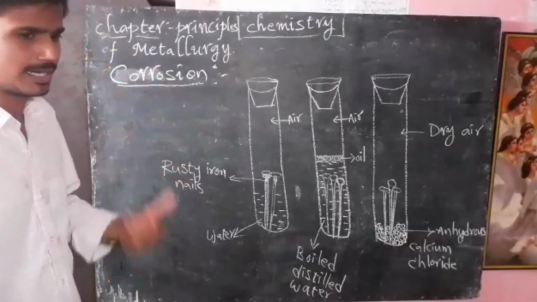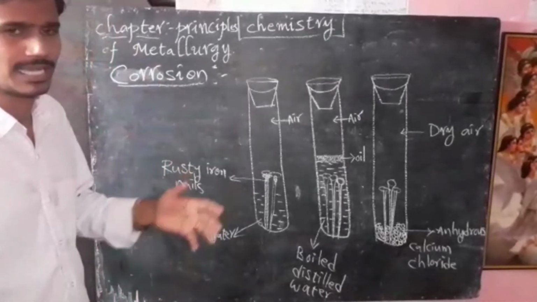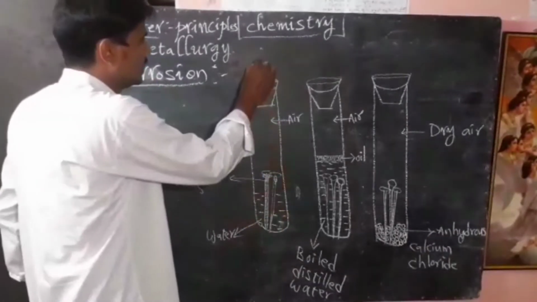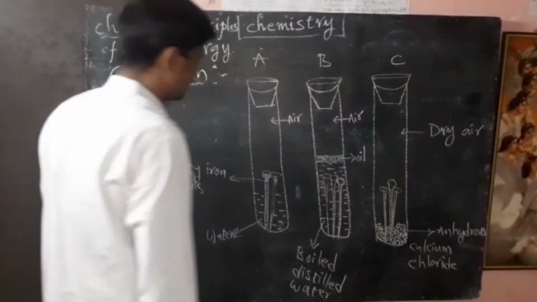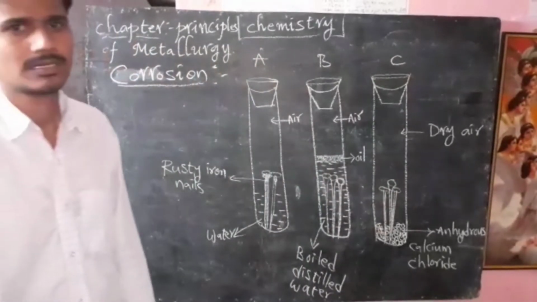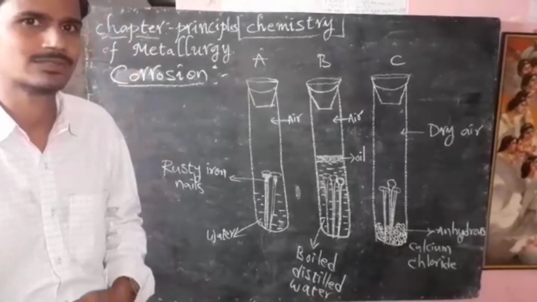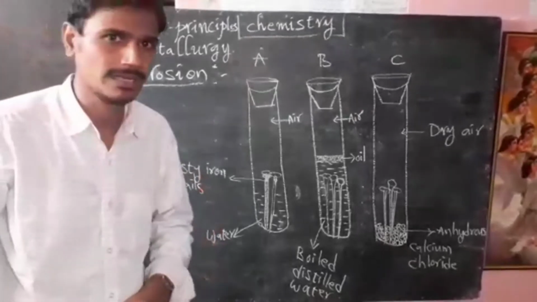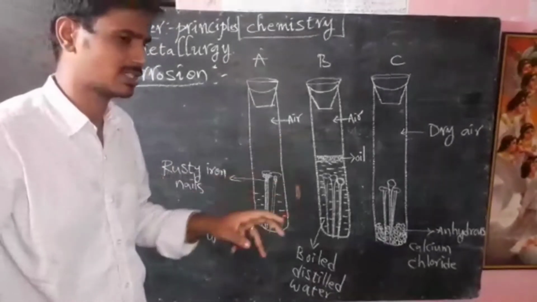For better understanding, here I would like to explain one activity. In this activity we have to take 3 test tubes: test tube A, test tube B and the third one test tube C. In the 3 test tubes we have to take cleaned iron nails, approximately 2 or 3 in each test tube.